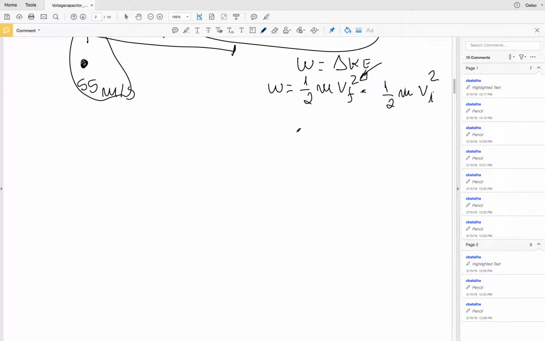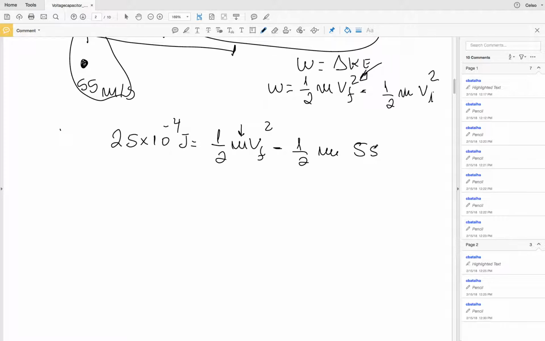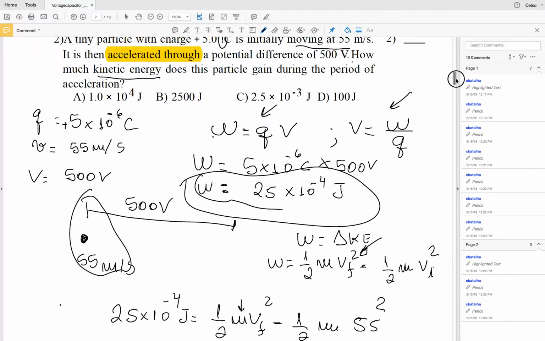Okay, so what is the initial kinetic energy? So the work we have, 25 times 10 to minus 4 joules, so we have that. What is the final kinetic energy? Half the mass of the particle times the final speed squared, minus half the mass of the particle times the square of the initial velocity. So if the particle has a mass, and I'm making up the mass because the mass is not given, right?